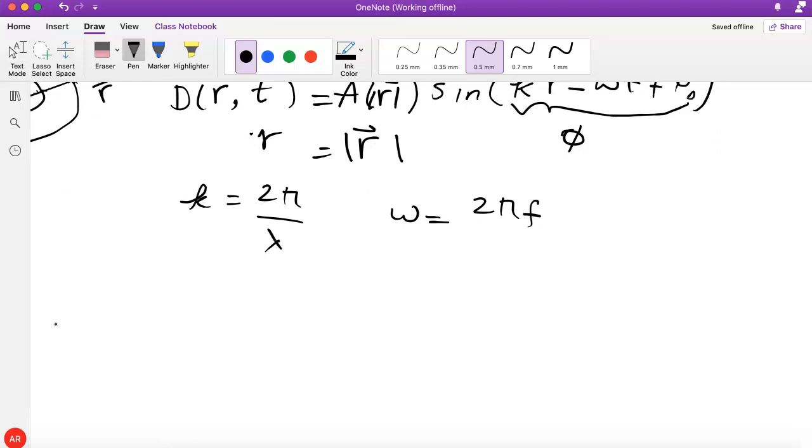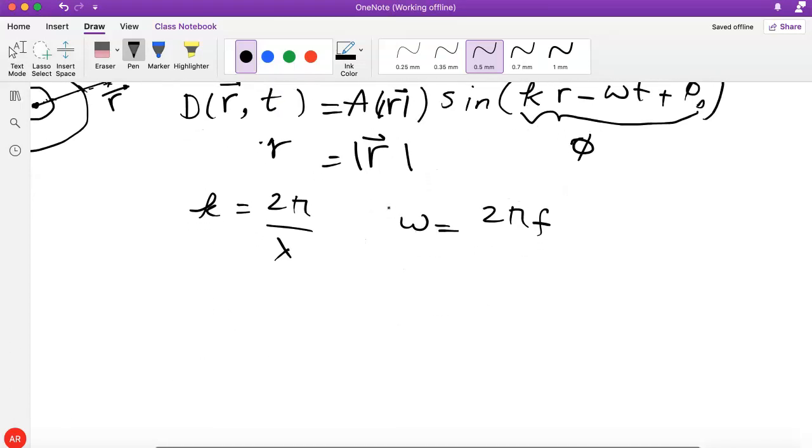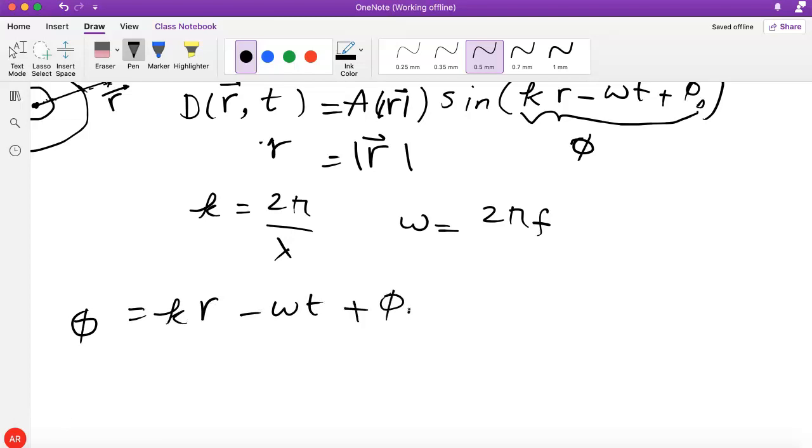So when we think about situations where you have multiple sources, and we have this phenomenon of superposition where we add different waves that are generated by different sources, thinking about the argument of that sinusoidal function is quite useful. So this thing, kx or kr minus omega t plus phi naught, where r is just the distance between the source and the point we're interested in, is known as the phase.